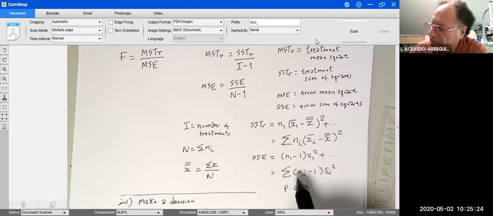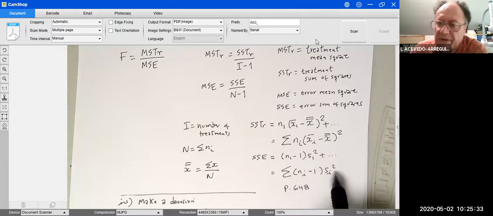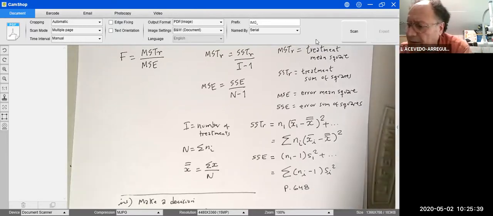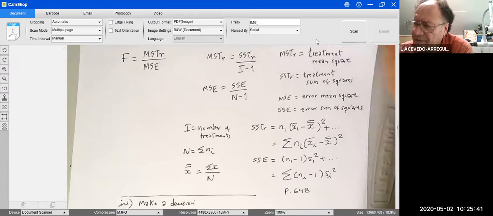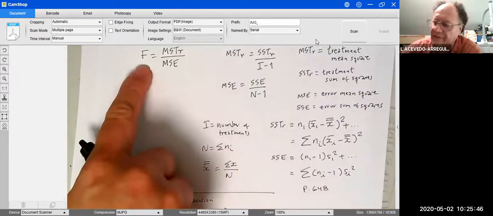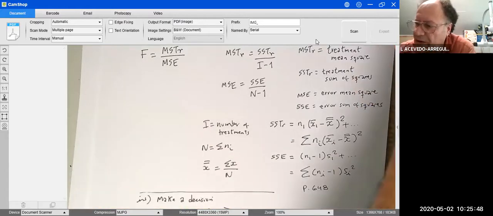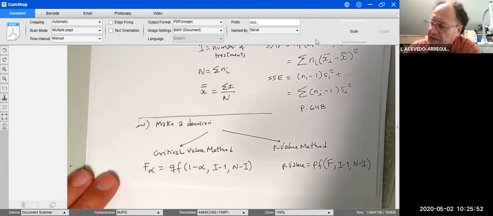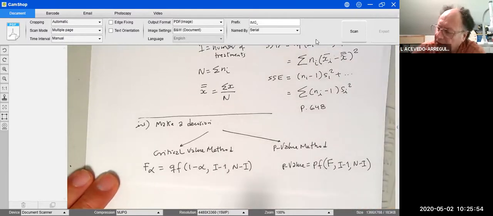An abbreviated way to indicate that is capital sigma of ni minus 1 times the variance of the corresponding sample. You can see more about this on page 648. Then once you have F, everything that you are doing here is just to compute the value of F, your test statistic. We're going to use F to make a decision. There are two methods, as you know.